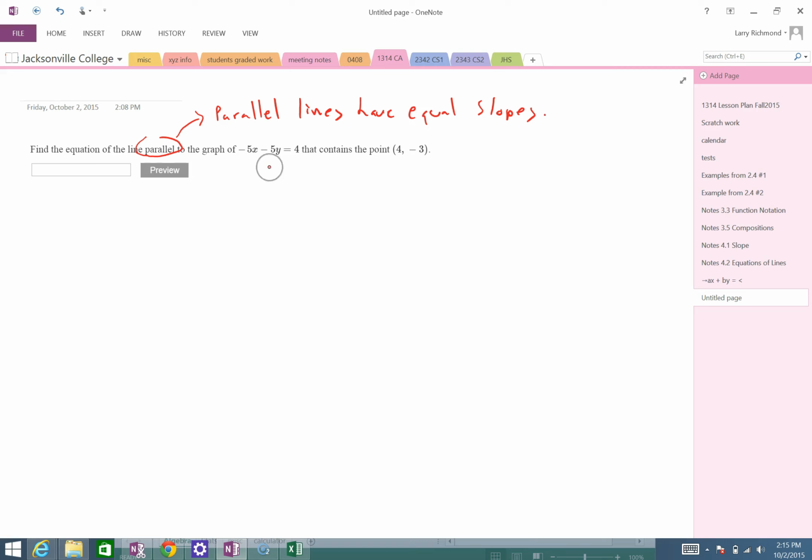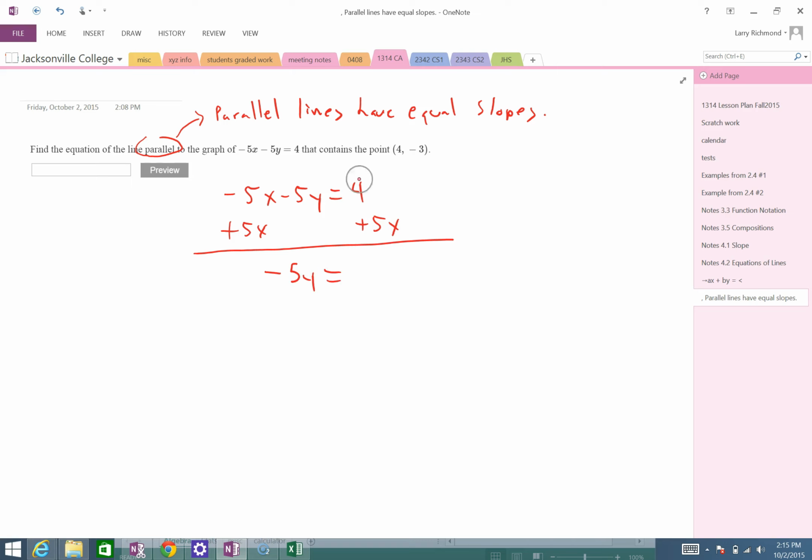So the first thing we need to do is find the slope of this line. I'm going to solve for y. I'm going to employ my slope-intercept form. Solve for y. I will add 5x to both sides. Negative 5x plus 5x cancels, leaving minus 5y. These are unlike terms. I'll leave them like I see it, 5x plus 4. Dividing both sides by negative 5.